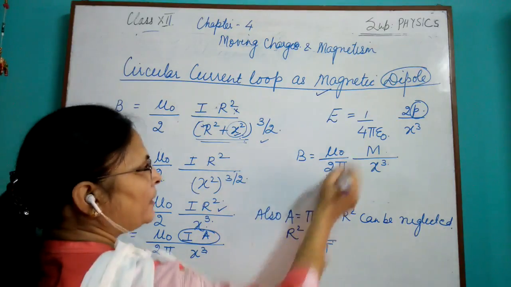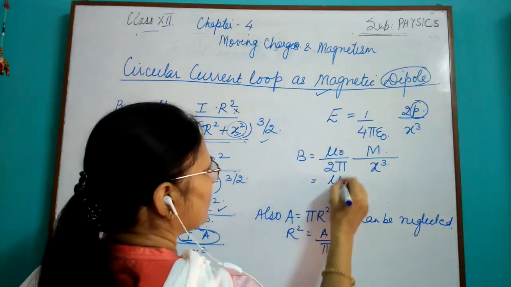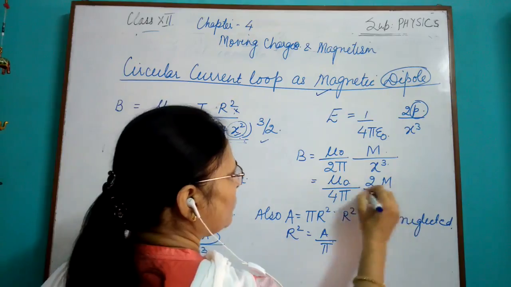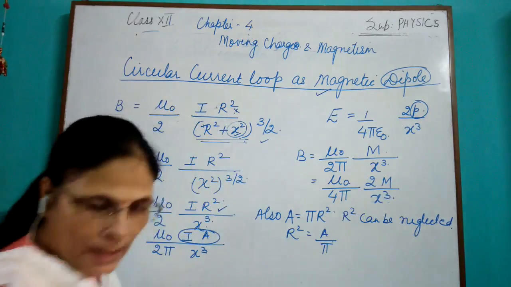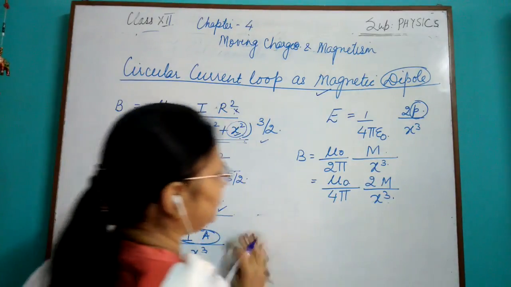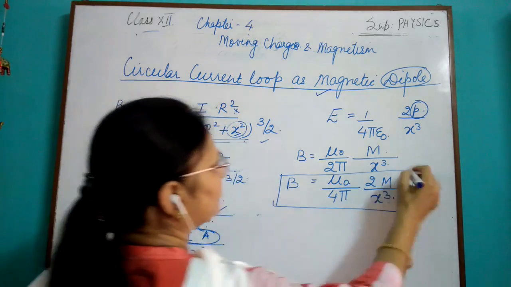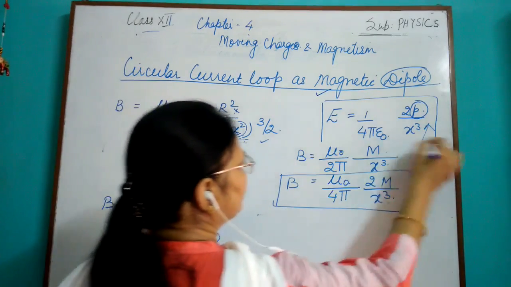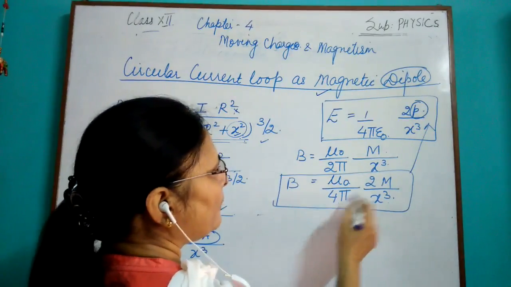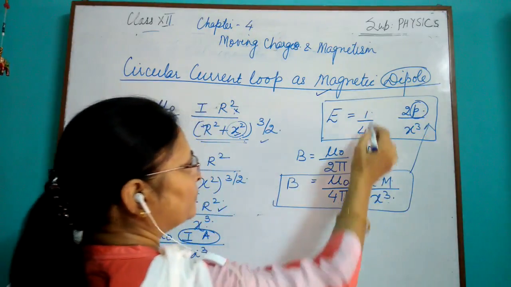To make it 4 pi here, I can multiply and divide by 2. Mu naught upon 4 pi, 2M upon x cube. Now just compare these two expressions: mu naught upon 4 pi 2M upon x cube, and 1 by 4 pi epsilon naught 2p upon x cube.